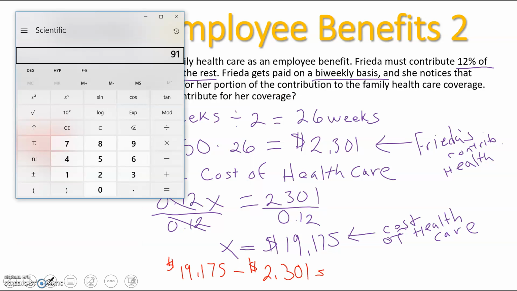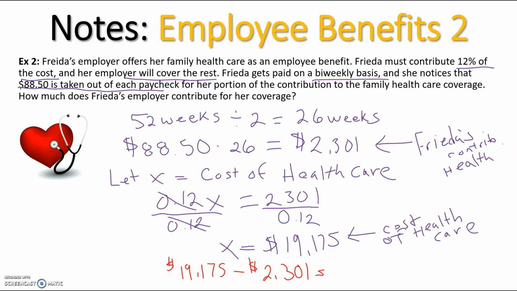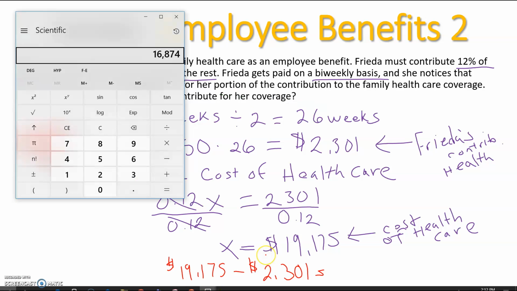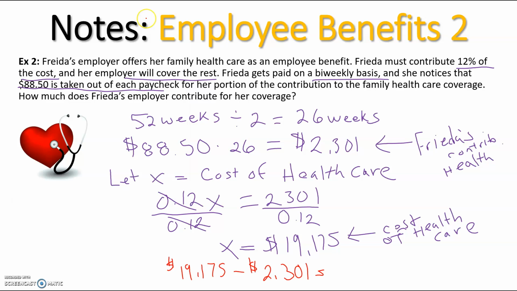And we'll use our calculator. 19,175 minus 2,301. And we can see then that her employer is contributing $16,874. And this here is the employer contribution.